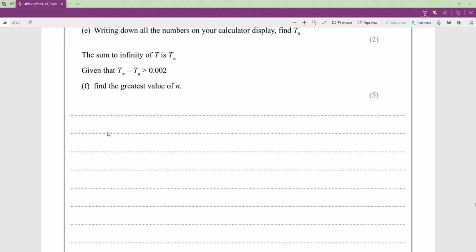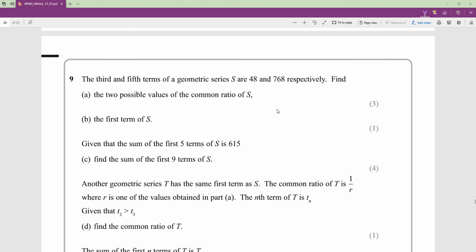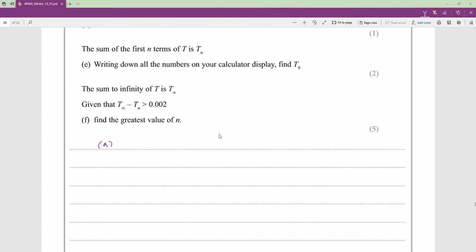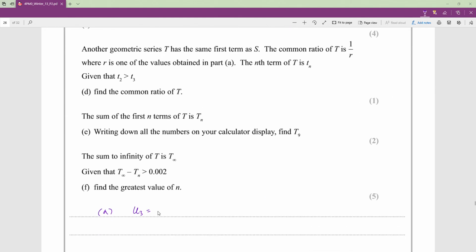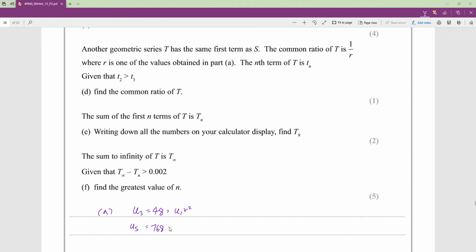Okay, so one thing we can do quickly is we know the terminology of each term, let it be U3 and U5 being the third and fifth terms. So U3 is equal to 48, is equal to U1 R squared, and U5 is equal to 768, is equal to U1 R to the power of 4.